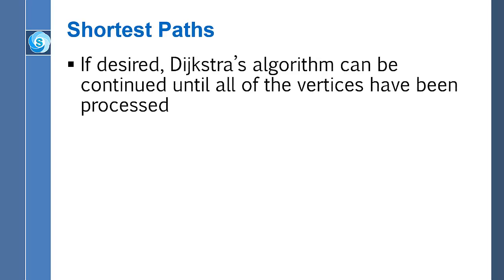Another thing is, we might be interested in trying to find all the shortest paths from the vertex S to every other vertex in its connected component. We may not be focused on a particular target vertex T, and Dijkstra's algorithm works just great in that case too. We keep discovering vertices, and as we discover new vertices, we also discover the shortest paths to those vertices.